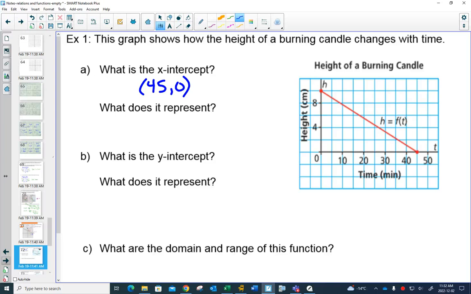Go ahead, Haley. The time, yeah. The candle's all gone by 45 minutes.